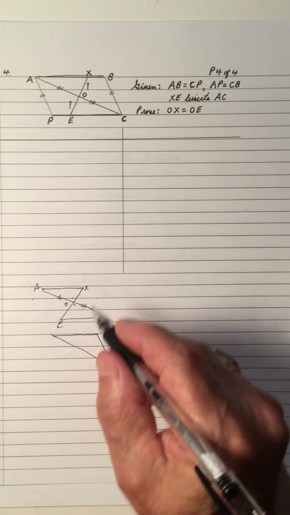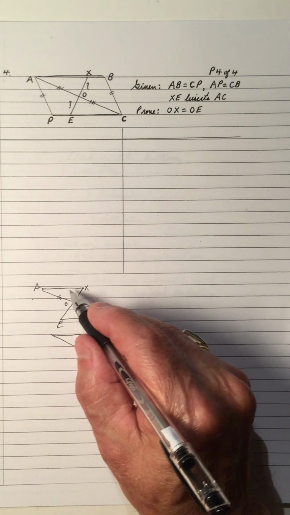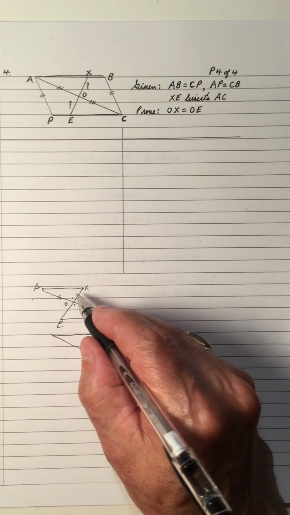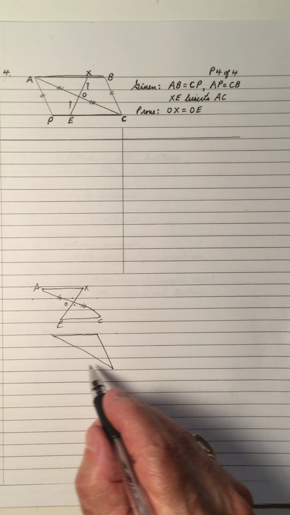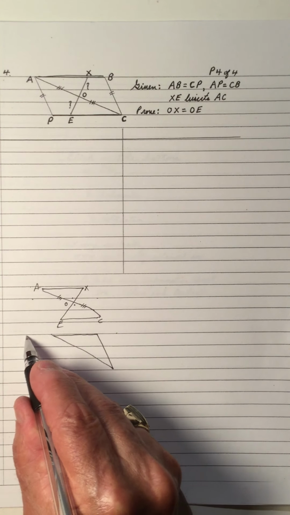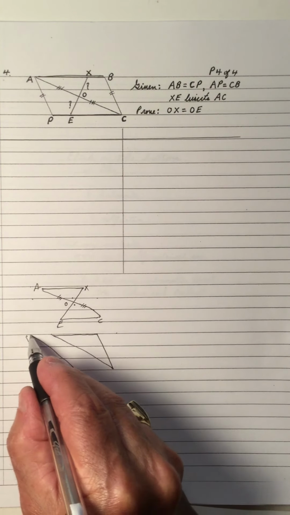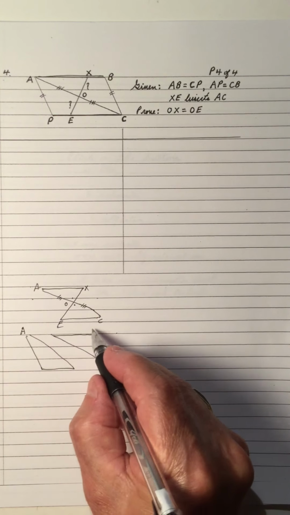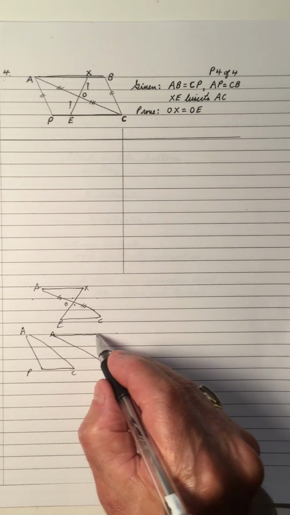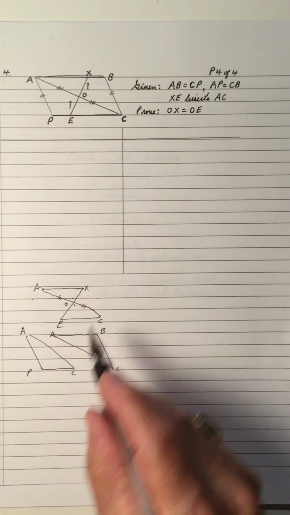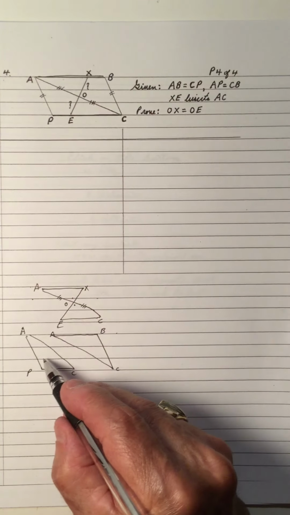So I've got to prove another pair of bigger triangles to get either angle A equals angle C, or the angle at X here equals the angle E. So I will draw these two triangles: A, P, C, and A, B, C. These big ones right here, and this one right here. Here they are down here.